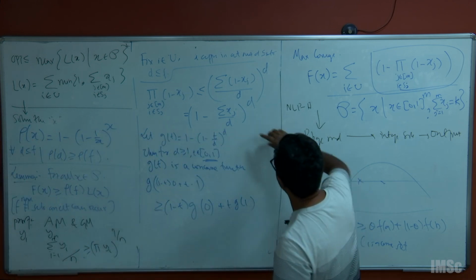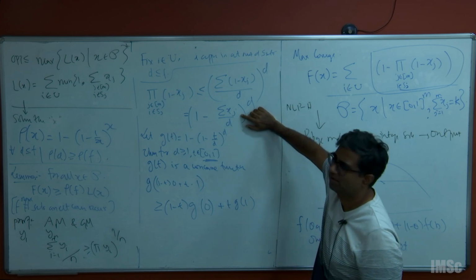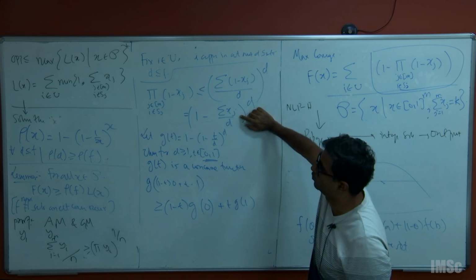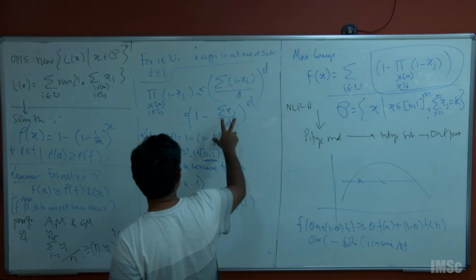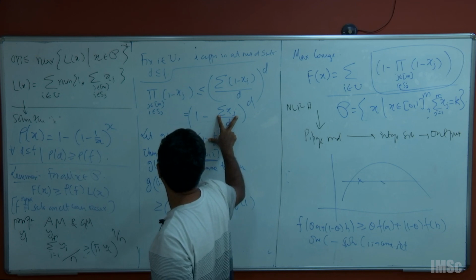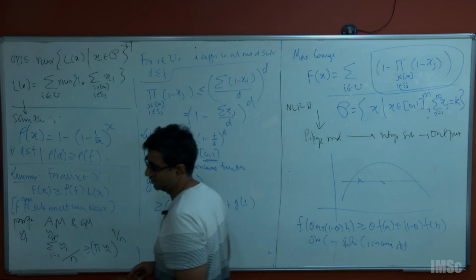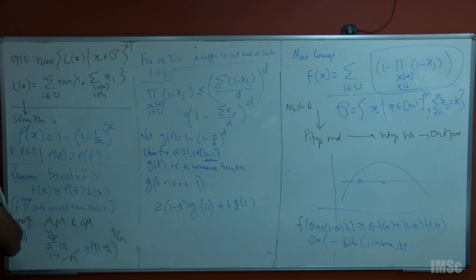Look at the summation of xj. Each xj is at most 1, right? And how many terms are there? At most d. So it does not matter. It is at most 1.